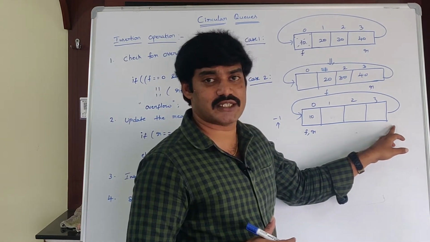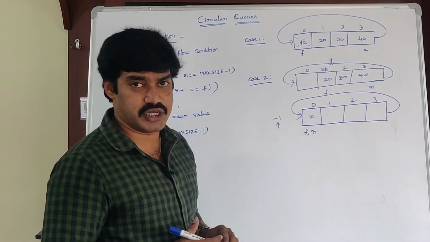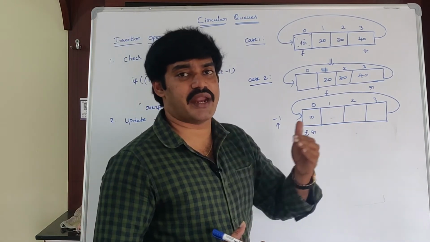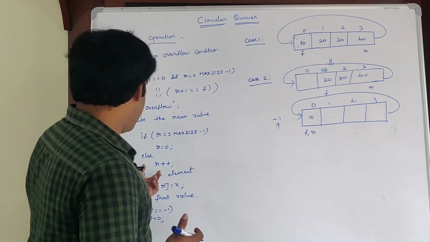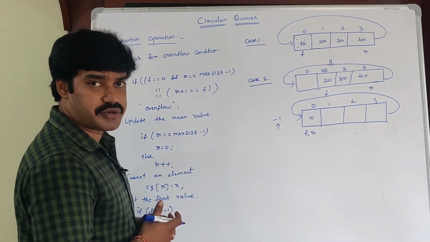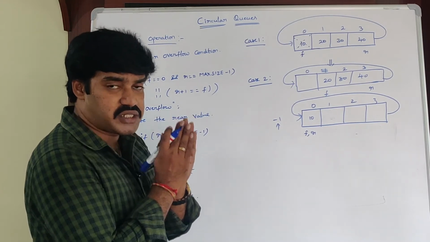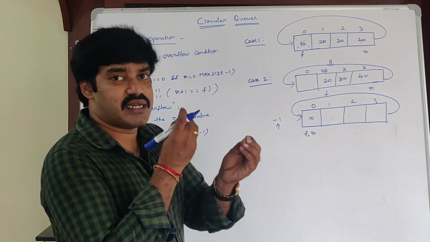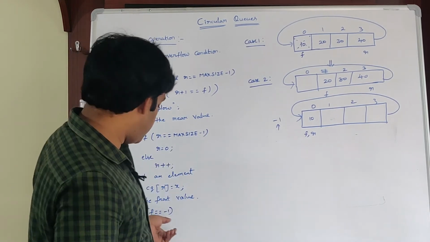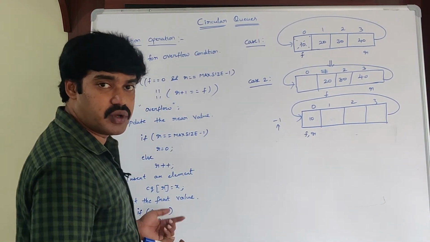If it does, reset it to 0. Otherwise, simply R plus plus, R is equal to R plus 1. Next, insert an element into the circular queue, that is CQ of R is equal to X. Next, if it is the first time insertion, then set the front pointer to 0. That is, if F is equal to minus 1, then F is equal to 0.